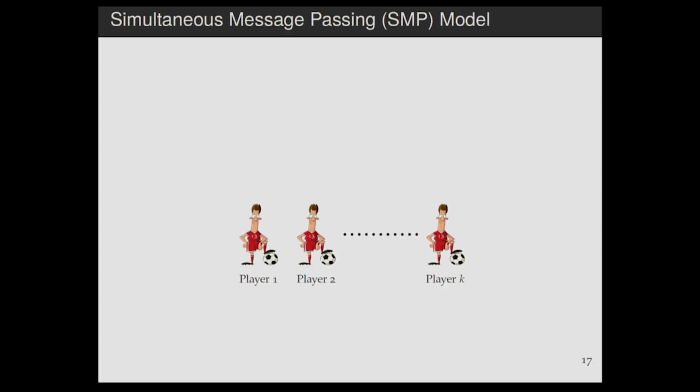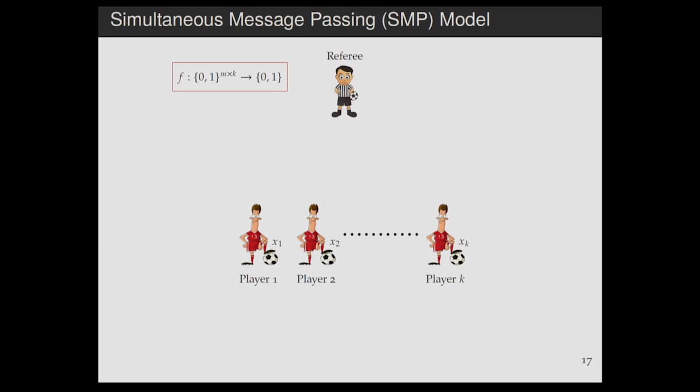So the model is as follows. There are k players, and also the referee. Each of the players has input x_i, which is a length m bit string. And what you want to do is, everyone together, compute some Boolean function f on x_1 to x_k.